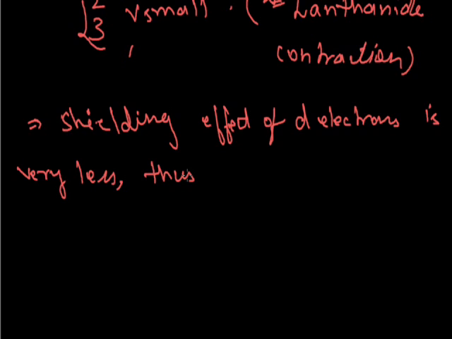But here the nuclear charge increment is dominating the shielding effect very badly because the shielding effect of d electrons is very less. If you write the order of shielding effect, it will be s is greater than p is greater than d is greater than f. Means the order of shielding effect is s, p, d, f. Means the weakest shielding effect is seen in f electrons. A very weak shielding effect can be seen in d electrons.